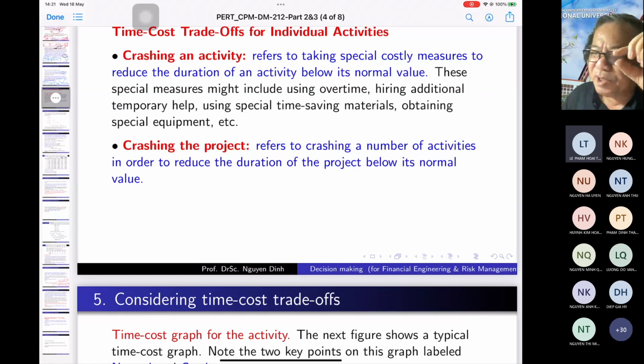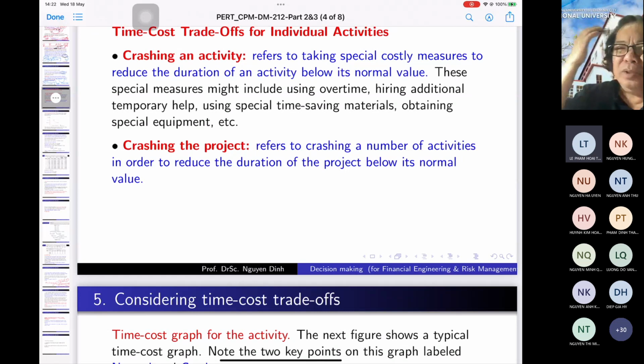Crashing each activity means that we have to calculate for each activity how much we can reduce. For example, this activity C, 10 weeks. How many weeks is the maximum that we can reduce? For example, 2 weeks. Okay, 2 weeks, and the money we have to pay for reducing 2 weeks, how much?